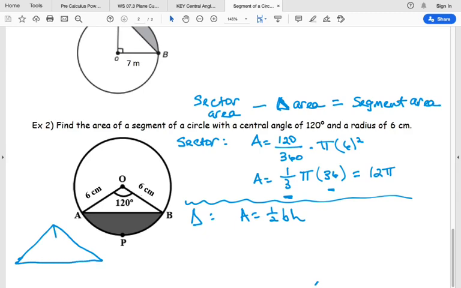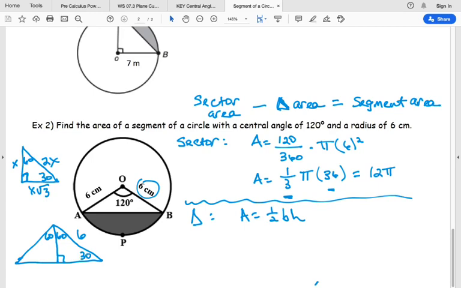So I'm going to draw height to break that 120 degrees up into two 60s, and that way I have a right triangle with that 60-degree angle. I'm going to recall my 30, 60, 90 rules. Side across from 30 is x, side across from 60 is x square root of 3, and the side across from 90 is 2x.